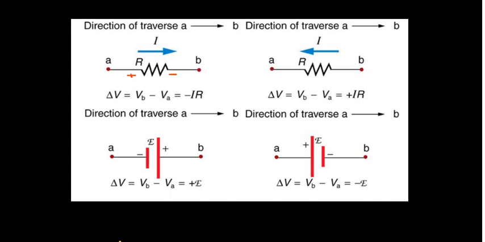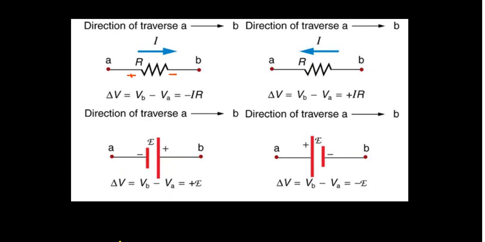The same scenario with the battery down here. If I have the travel direction or the traverse from A to B, or the loop direction, whatever you want to call it, from A through the battery to B, and I'm trying to find the voltage across the battery, it will be positive, the voltage of the battery.